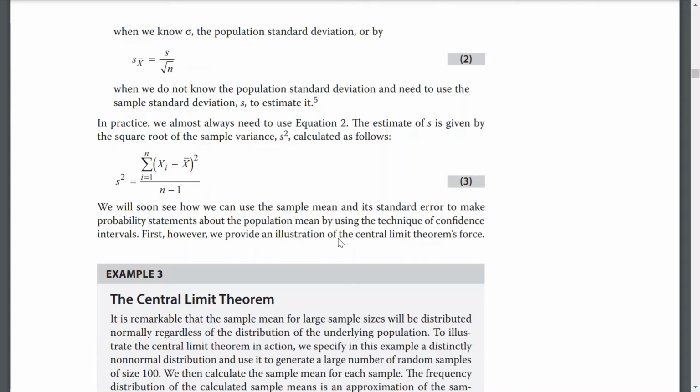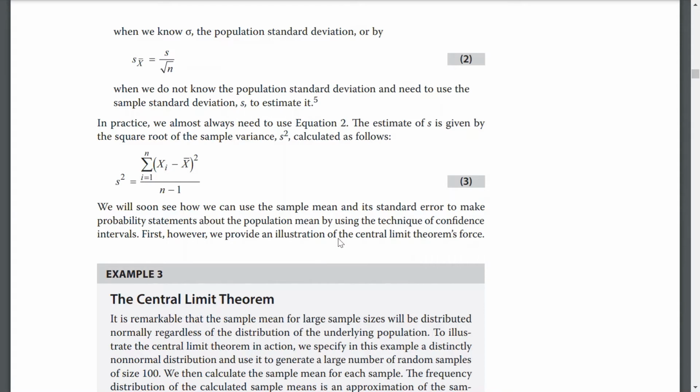When we do not know the population standard deviation, we need to use the sample standard deviation s to estimate it. In practice, we almost always need to use equation 2. The estimate s is given by the square root of the sample variance s squared, calculated as follows.